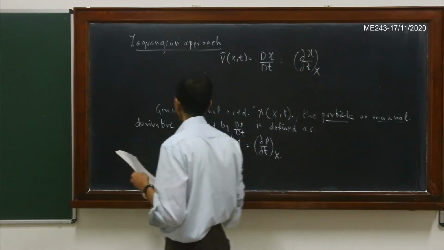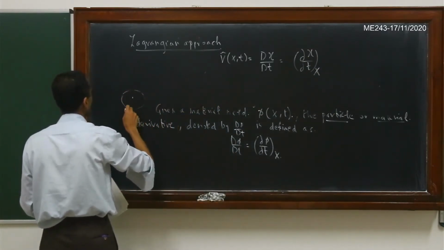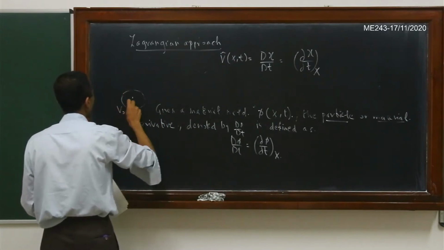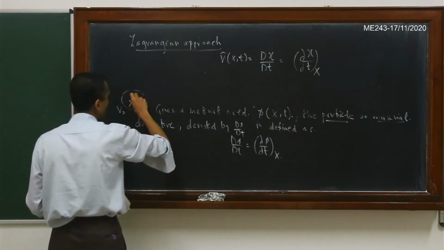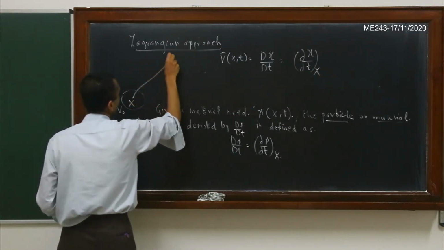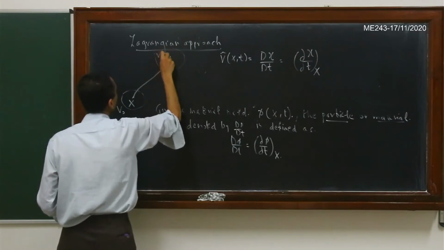Basically, suppose this is your reference configuration, this is your V naught, and capital X is the position vector of some particle. Then it will evolve, so you now have this deformed configuration.